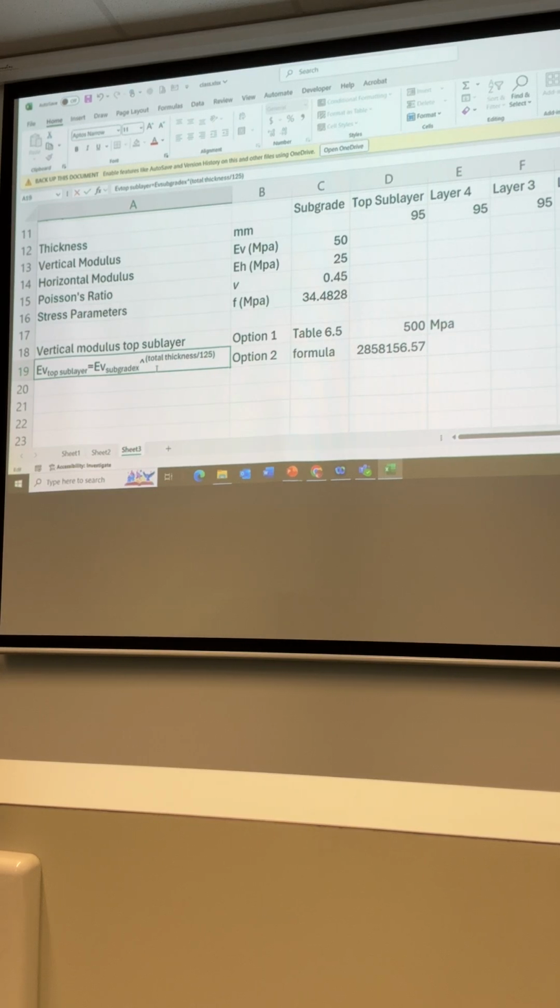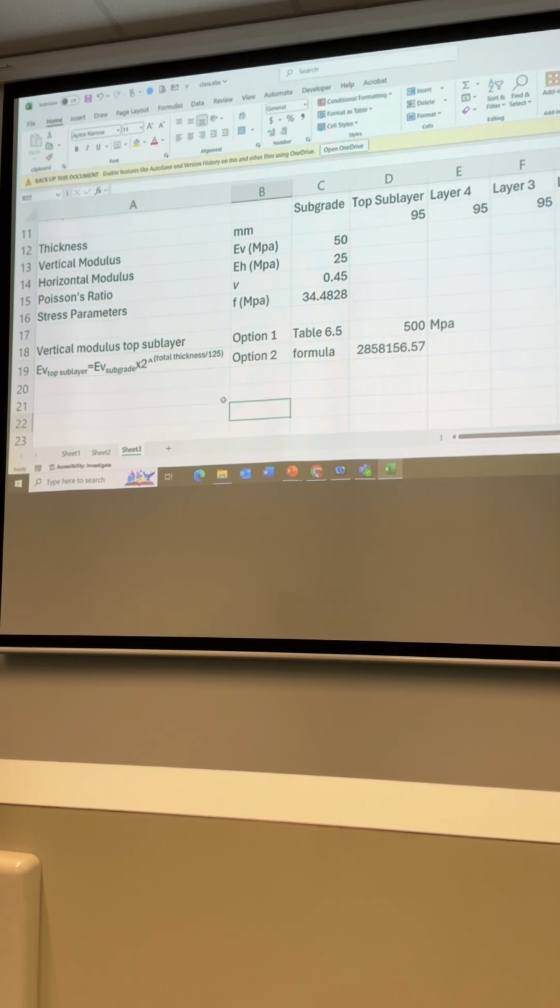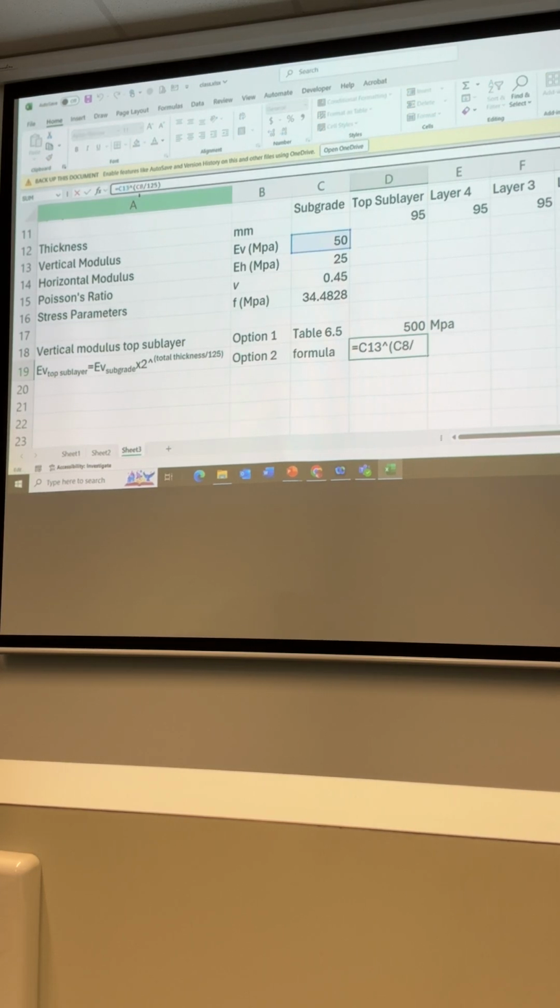Times, no, okay, times 2. To the power of the total thickness. Yes, thank you. EV times 2 to the power of that, megapascal.